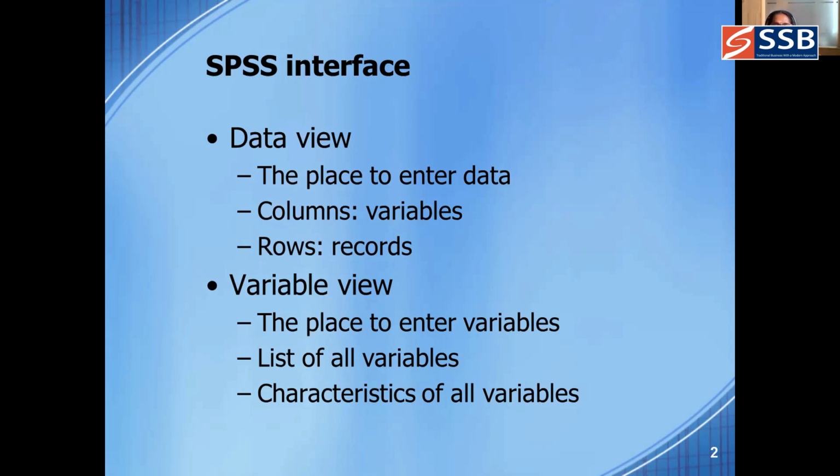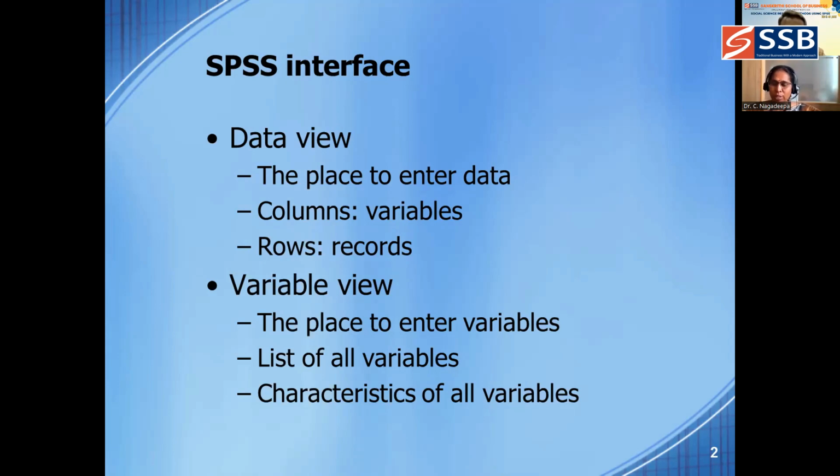If you see the data view, there are two things: columns and rows. There will be n number of columns and n number of rows. What do they denote? Generally, columns denote variables. We know very well what a variable is, so I don't want to explain more, because the previous session would have covered it. The columns show all the variables.